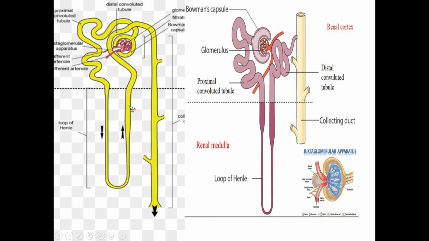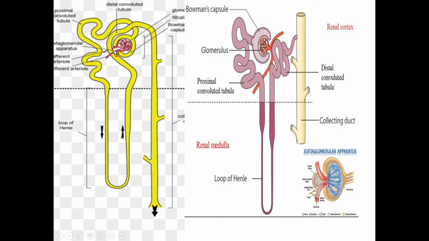When you move up the thick portion, this is the initial portion of the distal convoluted tubule, which is going to pass between the afferent and the efferent arteriole. This is the actual anatomical position: the initial portion of the distal convoluted tubule passes between the afferent and the efferent.